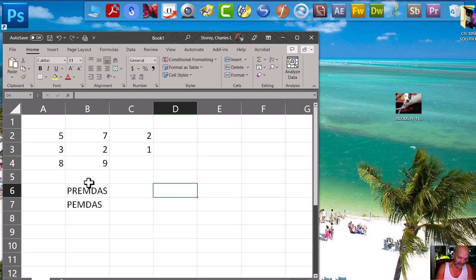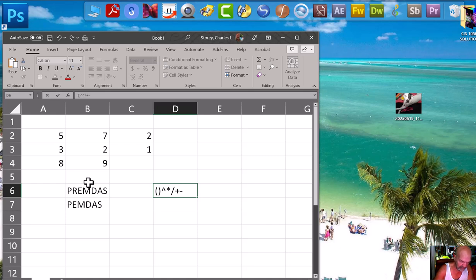So PREMDAS is parentheses, and then exponents, which would be the caret symbol, multiplication, which is the asterisk, and then division, which is the slash, and then addition, and then subtraction.